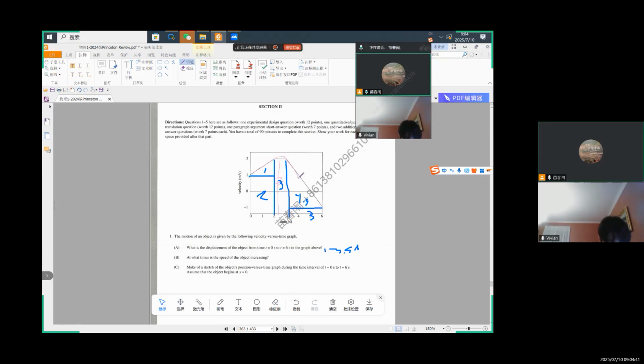This is the area of the graph, right? And the initial and the final, which means it should be this area for the second part, the 2 to 3. Does that make sense?